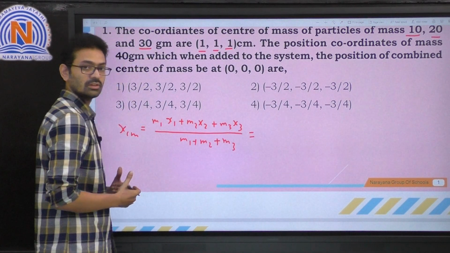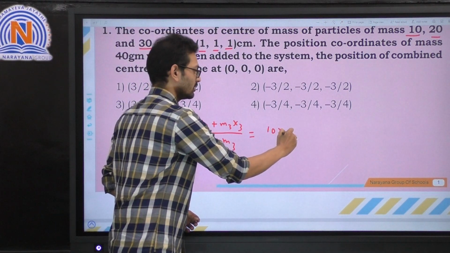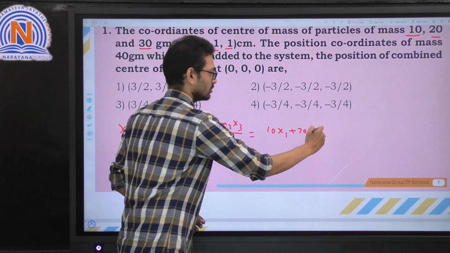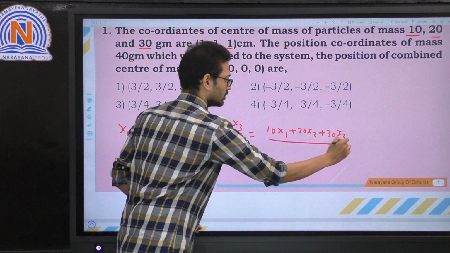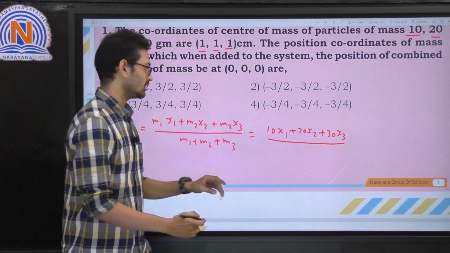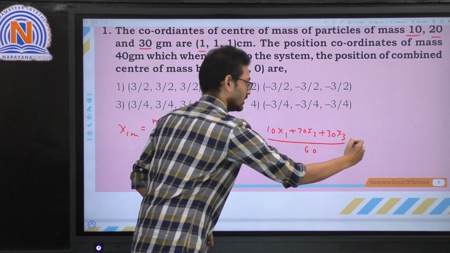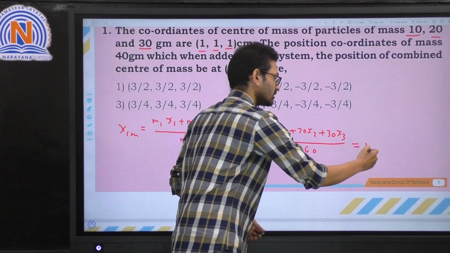Substituting the values, you get 10 x1 plus 20 x2 plus 30 x3, divided by 10 plus 20 plus 30, which is 60, and that equals 1 because x center of mass is 1.